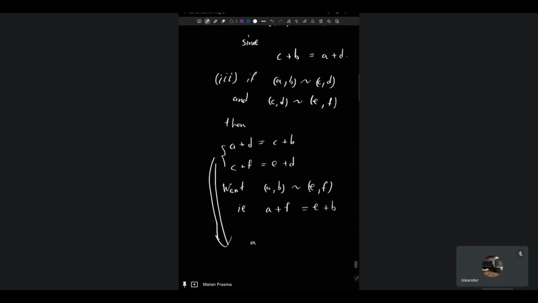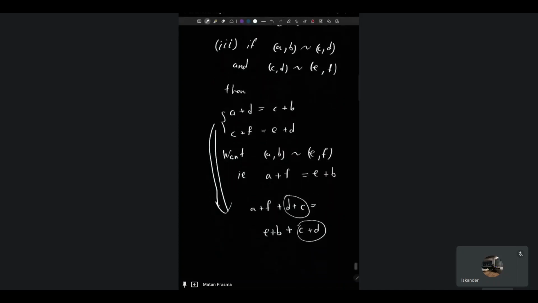And I get that A plus F plus D plus C is equal to E plus B plus C plus D. And C plus D and C plus D can cancel out. So I get that A plus F is equal to E plus B, as I want.